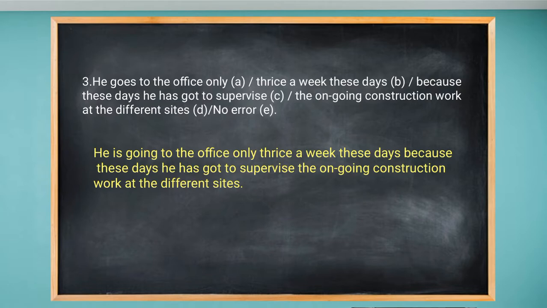So according to this rule, we have to replace the verb goes to with going to. Now it is the correct sentence before you. He is going to the office only thrice a week these days, because these days he has got to supervise the ongoing construction work at the different sites.